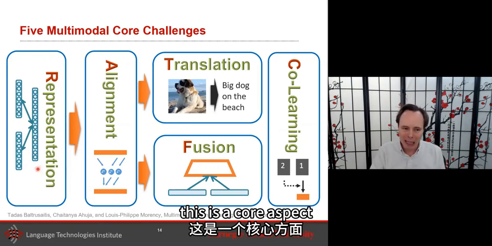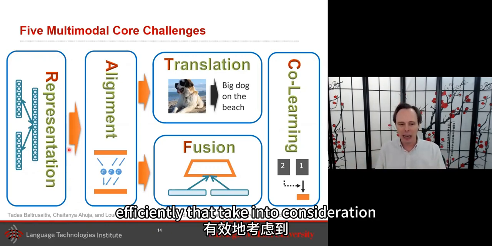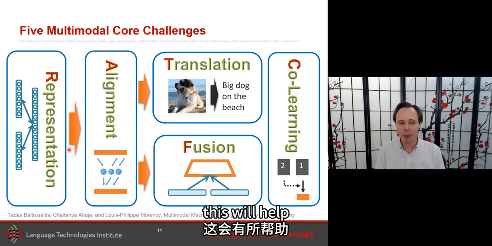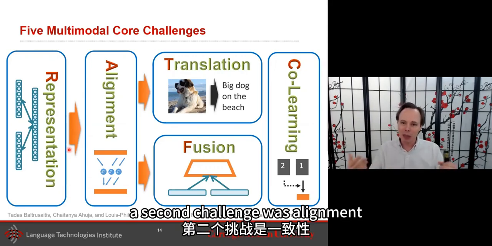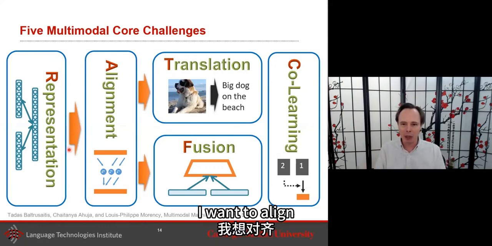This is a core aspect: if you can represent your multimodal data efficiently, taking into consideration the complementarity between modalities, this will help. A second challenge was alignment. I have different modalities that I want to align.